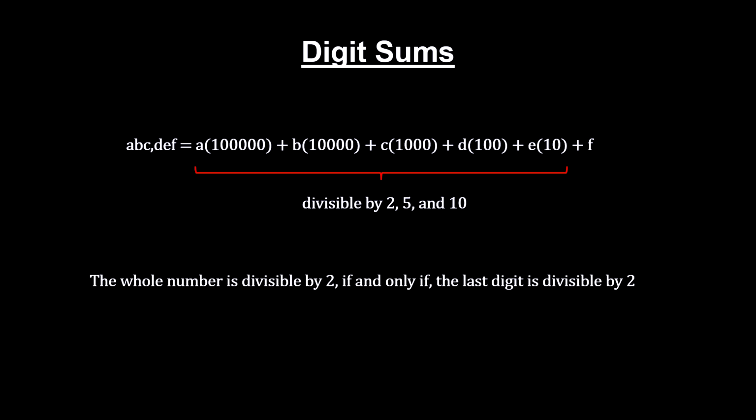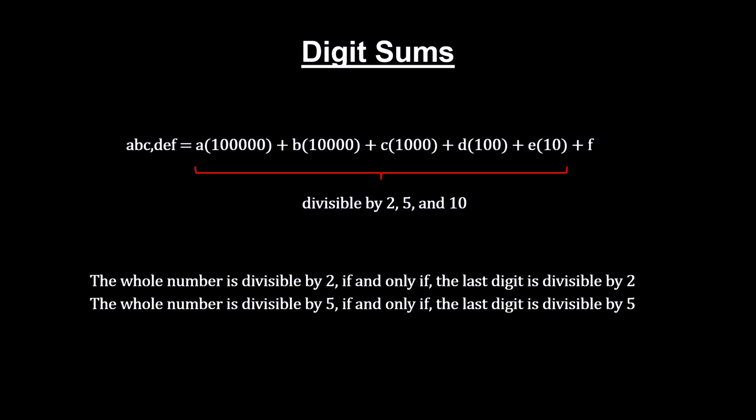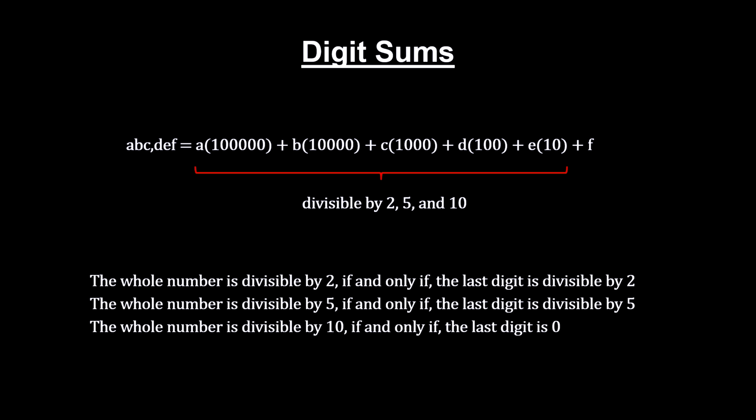If the last digit is odd, the whole number is odd. If the last digit is divisible by 5, then the whole number is divisible by 5. And if the last digit is 0, the whole number is divisible by 10.